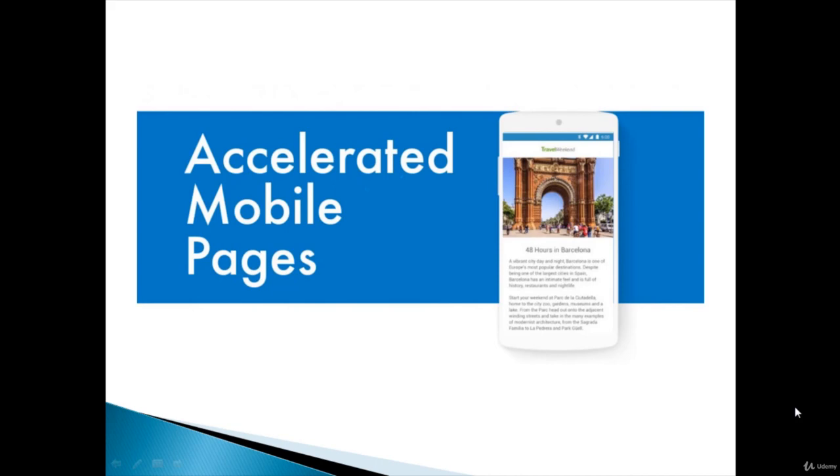In this version of HTML, only a few of the tags can be used, and you cannot use all the tags. So in general, in AMP or Accelerated Mobile Pages, you're not allowed to use the code that increases the size of each page of your website.